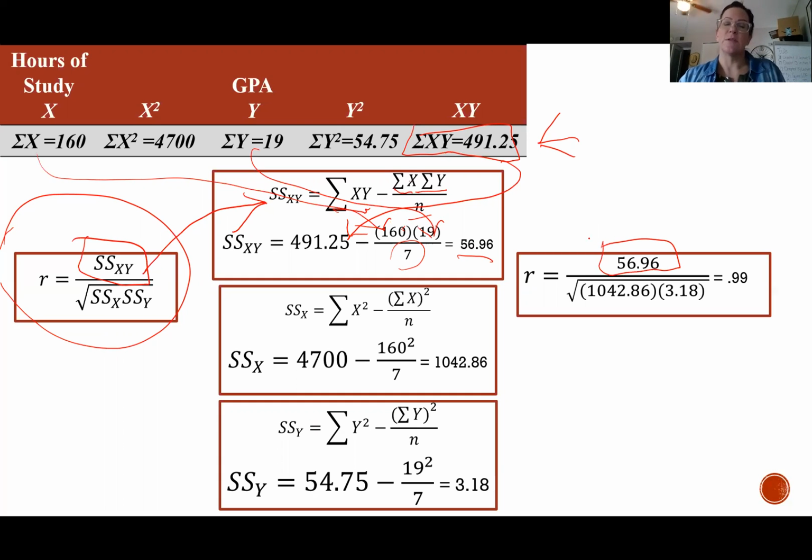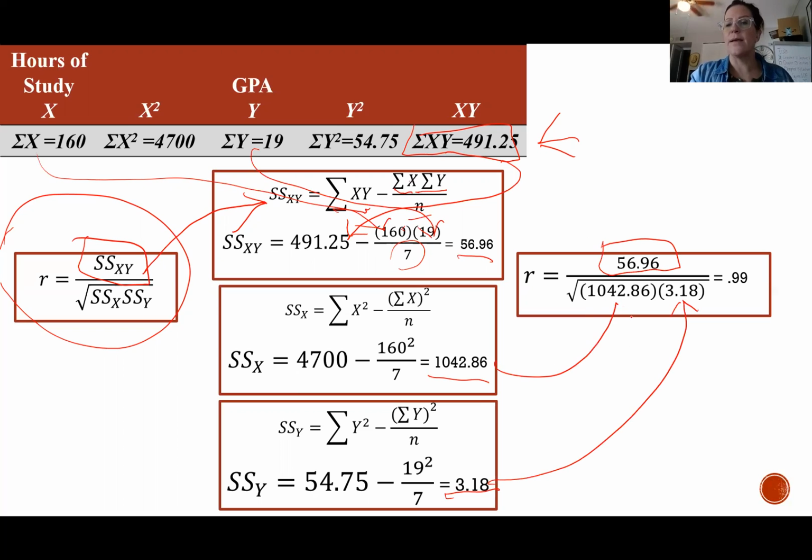Then you need to get your sums of square X and your sums of square Y separately. So it's as simple as just doing your sums of squares as you have before, just plugging it in. So just replace the idea of X with Y. So then we have 1042.86 for our sums of square X, 3.18 for our sums of square Y, and we plug them in to the denominator.